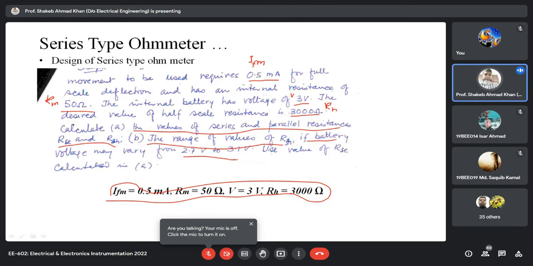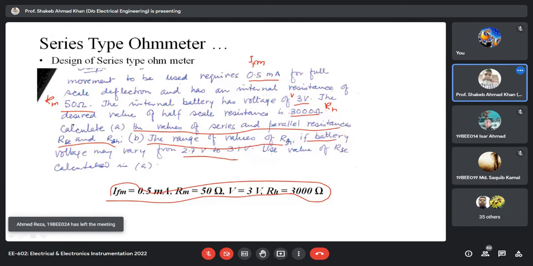Your battery voltage may vary because of discharge. If it is not at the 3 volt for which you have designed it, suppose it is varying from 2.7 volt to 3.1 volt, then what? This means that by varying RSH we can compensate for the change. So we have to find out the RSH value range.